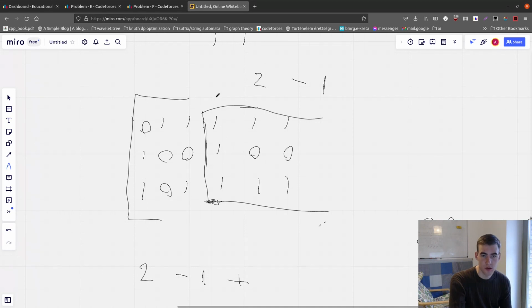So for this component, the latest bridge will be, let's do 1, 2, will be at 4.